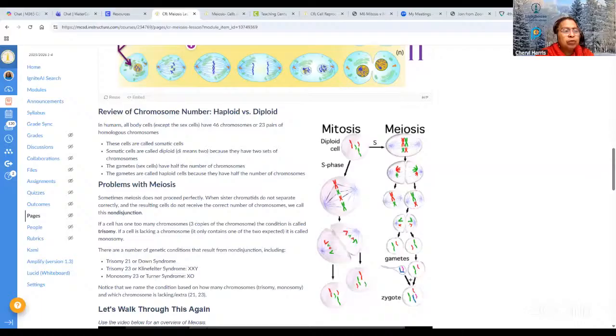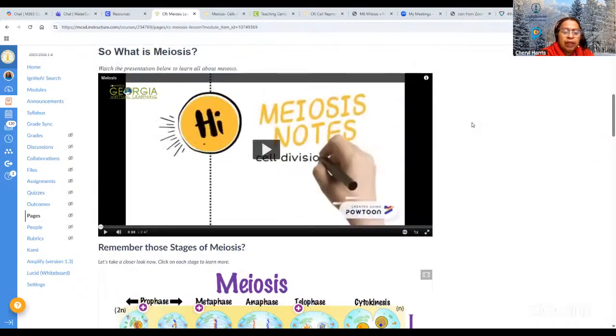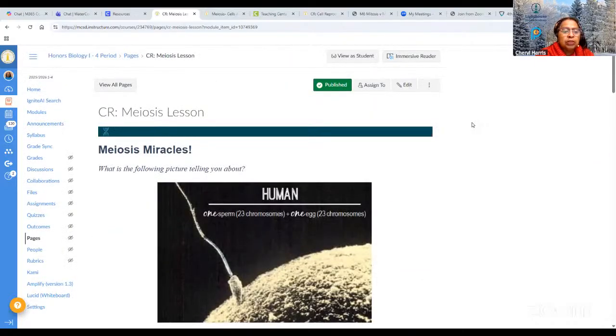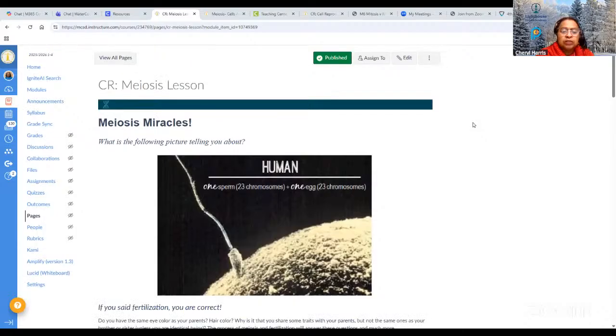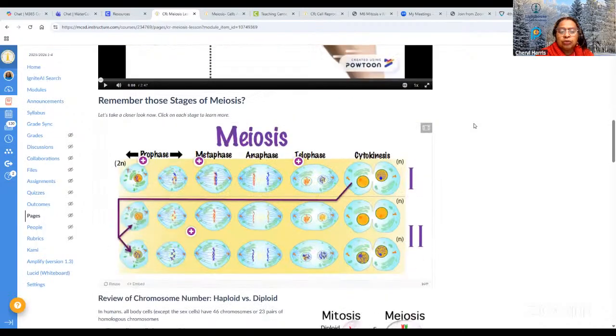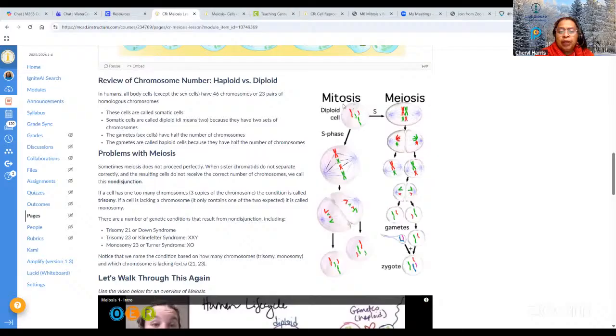All right, so another thing that you can do while you're doing that worksheet, in the unit that says meiosis lesson, if you're in Canvas and you scroll down, you have mitosis and meiosis side by side.